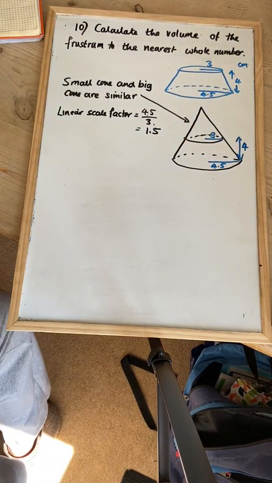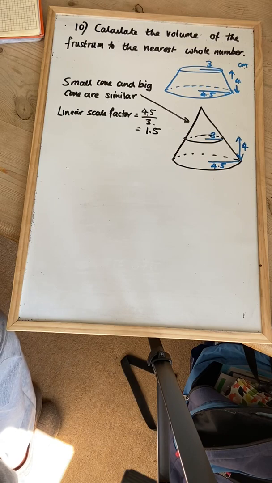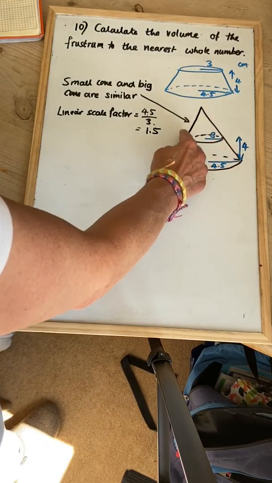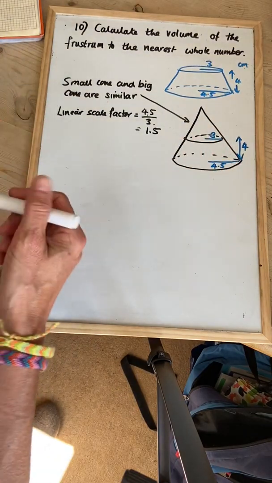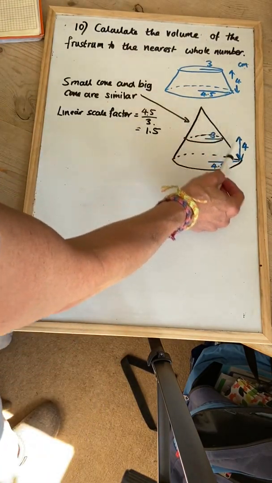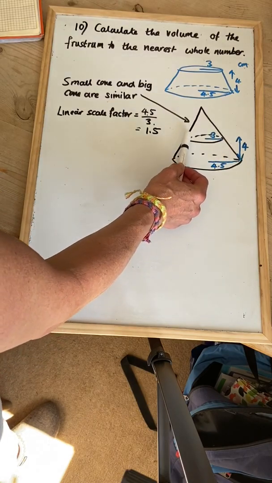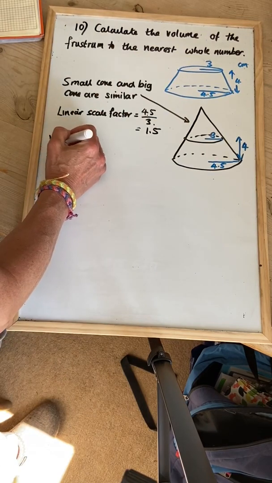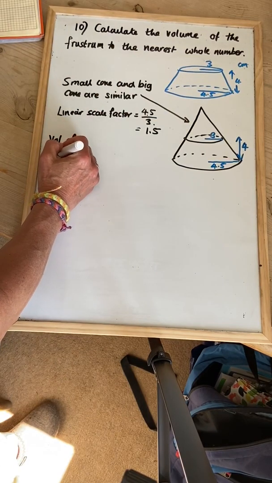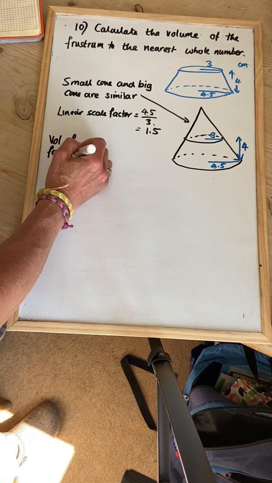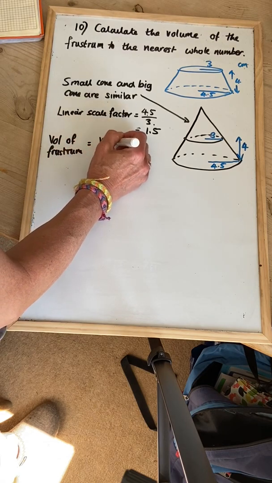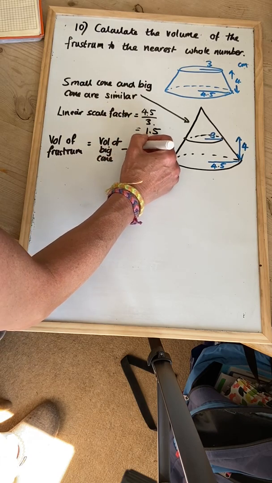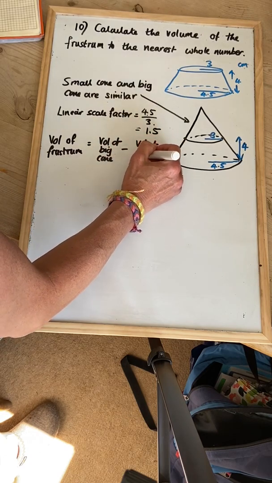Now, looking at this, if we want to calculate our volume just of this bottom section, the way to do it is to take the volume of the big cone and subtract from it the volume of the little cone. I'm going to write that down. So volume of the frustrum equals volume of big cone minus volume of little cone.